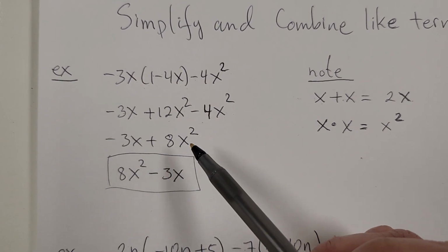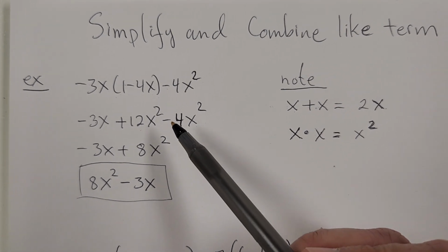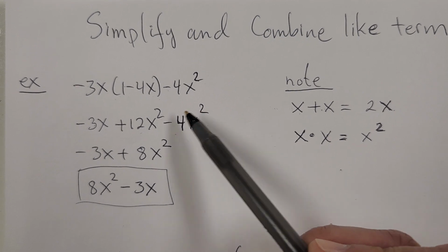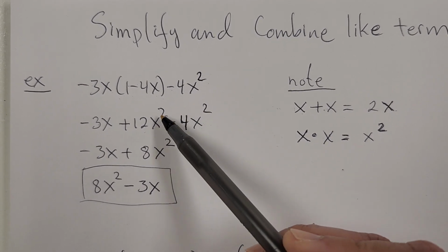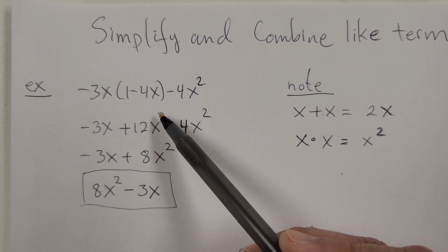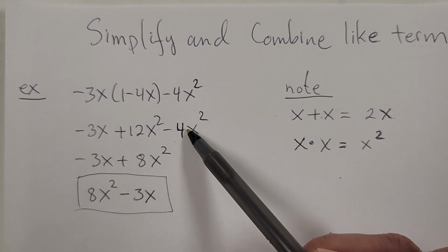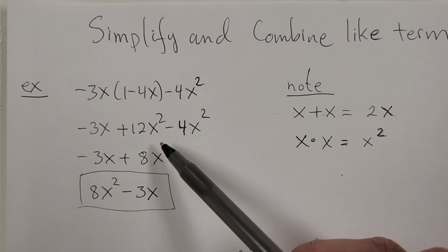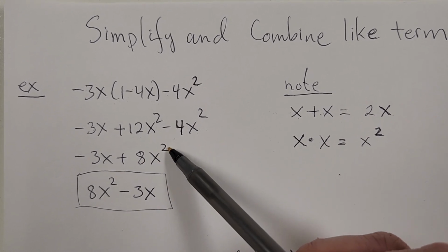Again, when you combine like terms, make sure it is the same letter and same power. So here I have x squared, which is the same as this x squared. So 12 subtract 4 gives me 8x squared.